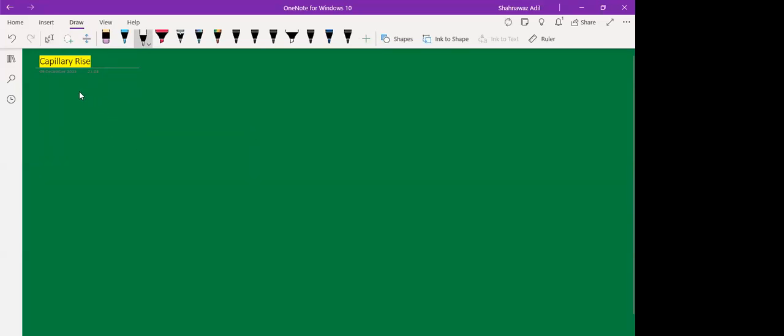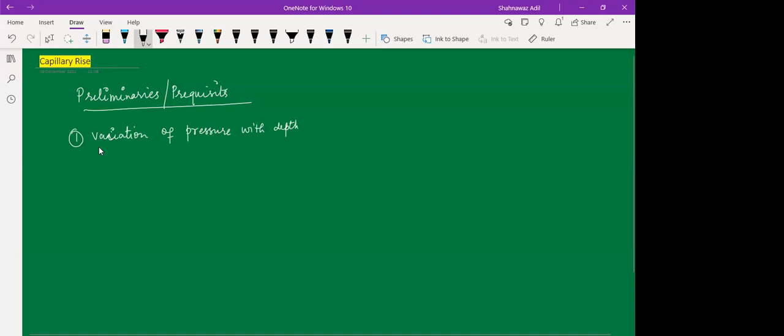Do you guys already know the prerequisites, that is, the variation of pressure with depth? This you guys already know, right?